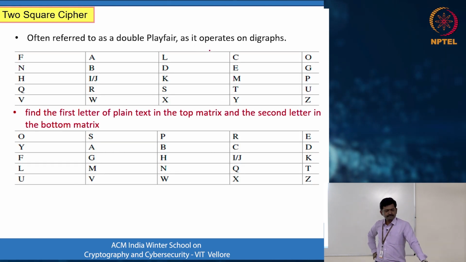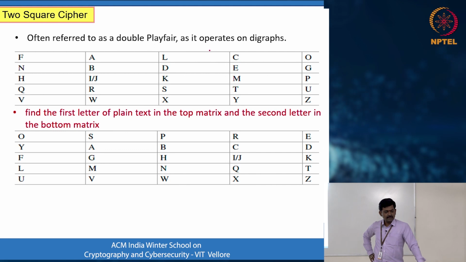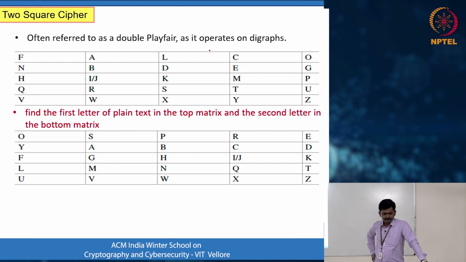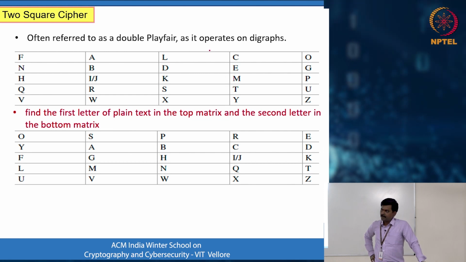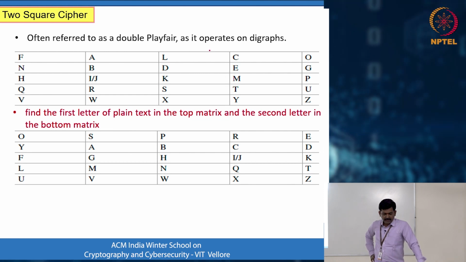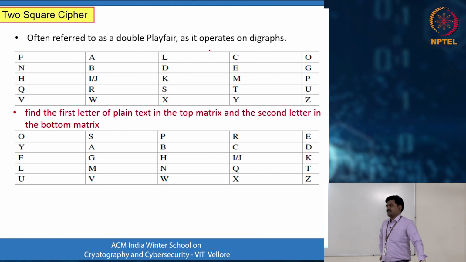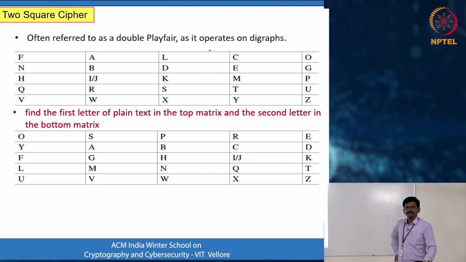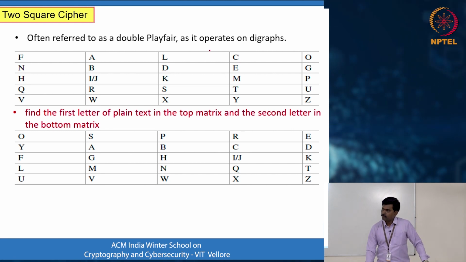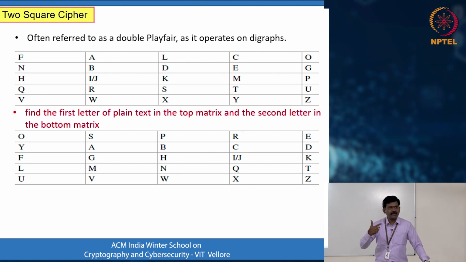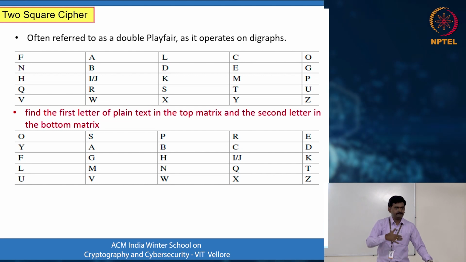Next, there is one more cipher called the two-square cipher. Look at the two-square cipher. For this, you need two matrices, both Playfair matrices kept vertically.